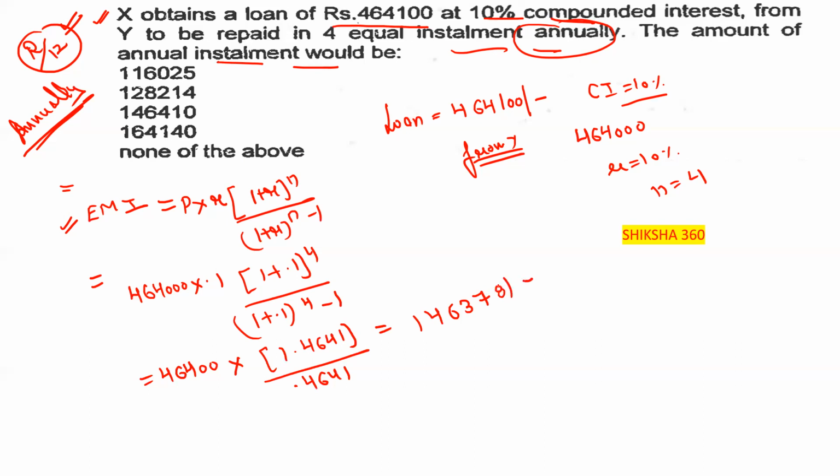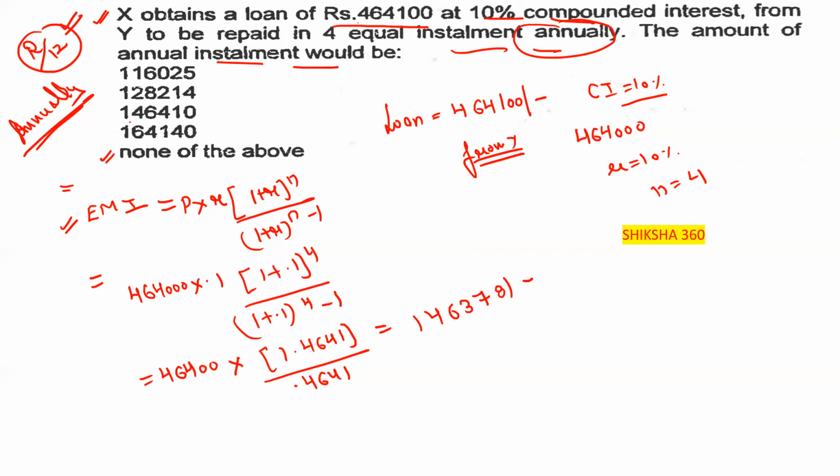Approximately this one, according to me, if I'm not making any error anywhere, is going to be the answer. So 1,46,000. Clear? Here they have given none of the above.